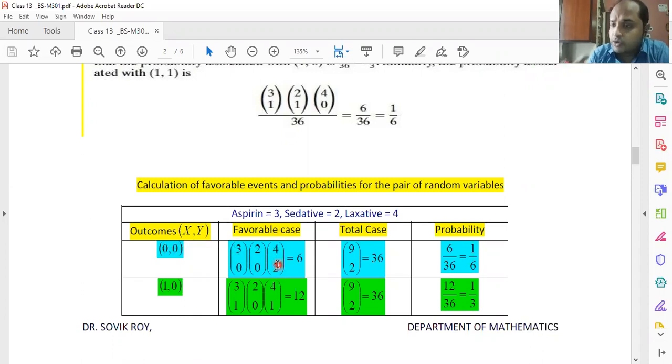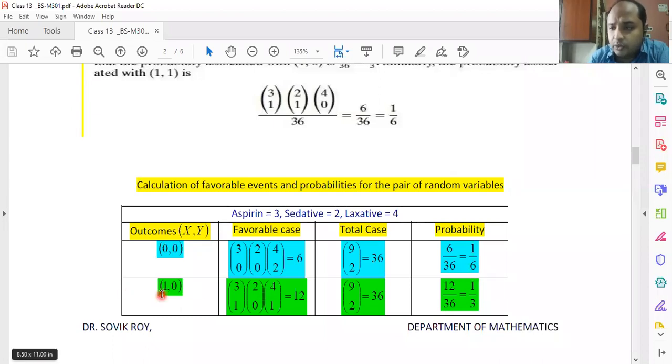Why 4C2? Because two caplets have been chosen, and since the outcome is 0, 0, that means that two caplets are from laxative ones. So from 4 laxative caplets, 2 laxative caplets can be chosen in 4C2 ways. And if you calculate, that will be 6. And corresponding probability will be 1 by 6.